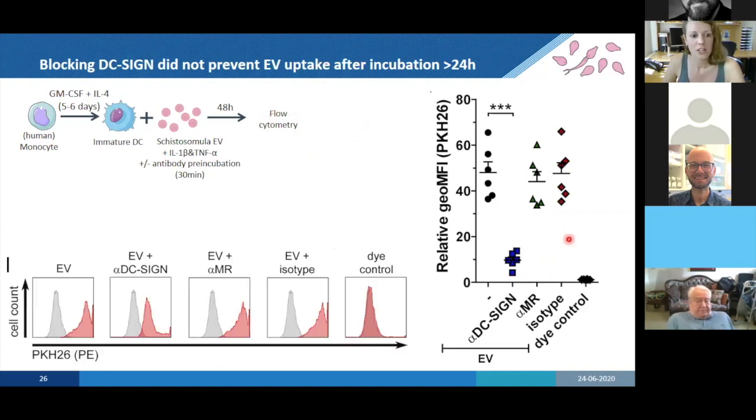However, if you look at the histograms, you can see that still almost all the cells are positive for the EVs, just less fluorescent. So this could suggest that after a prolonged time of culture, the EVs still enter the cells, but maybe via a different receptor or a different route than DC-SIGN.